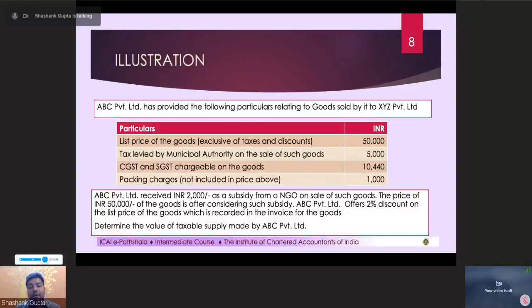ABC Private Limited offers 2% discount on the list price of the goods which is recorded in the invoice for the goods. Determine the value of taxable supply made by ABC Private Limited. So we have to determine the transaction value on which GST should be charged in the present transaction.